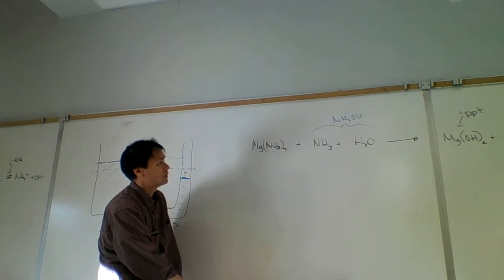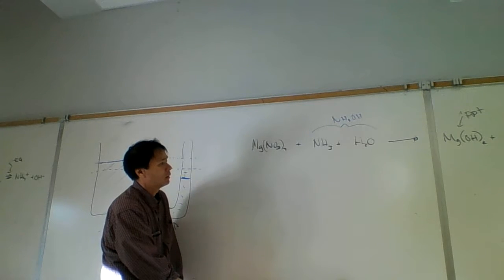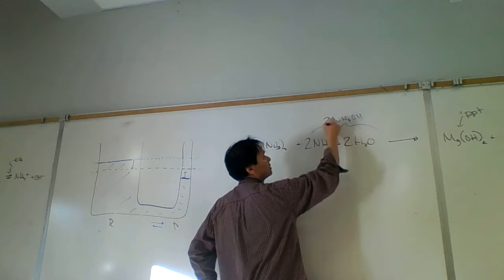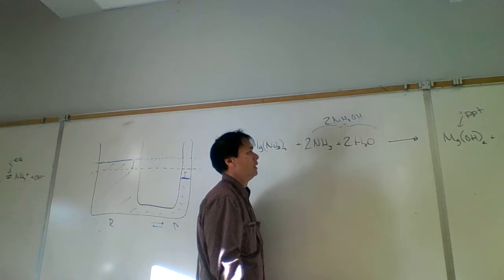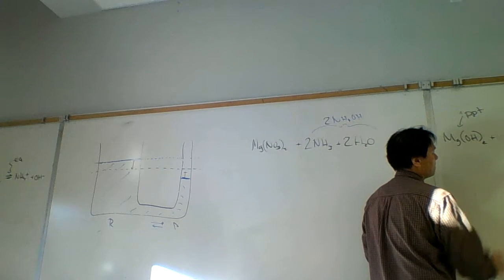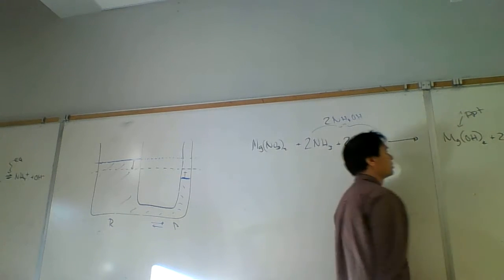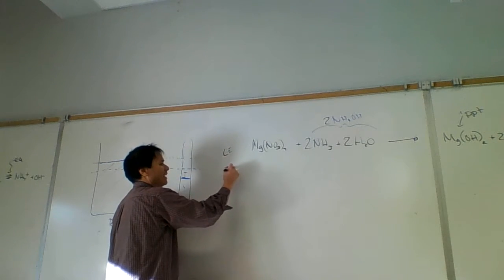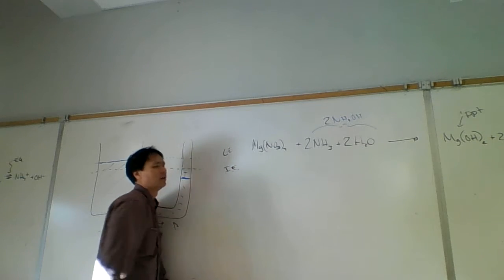To balance this, what do we need? 2 ammonia, and 2 waters, which is going to form 2 ammonium hydroxides, and 2 ammonium nitrates. And so this is what we call the CE. Let's go to the IE, the ionic equation.